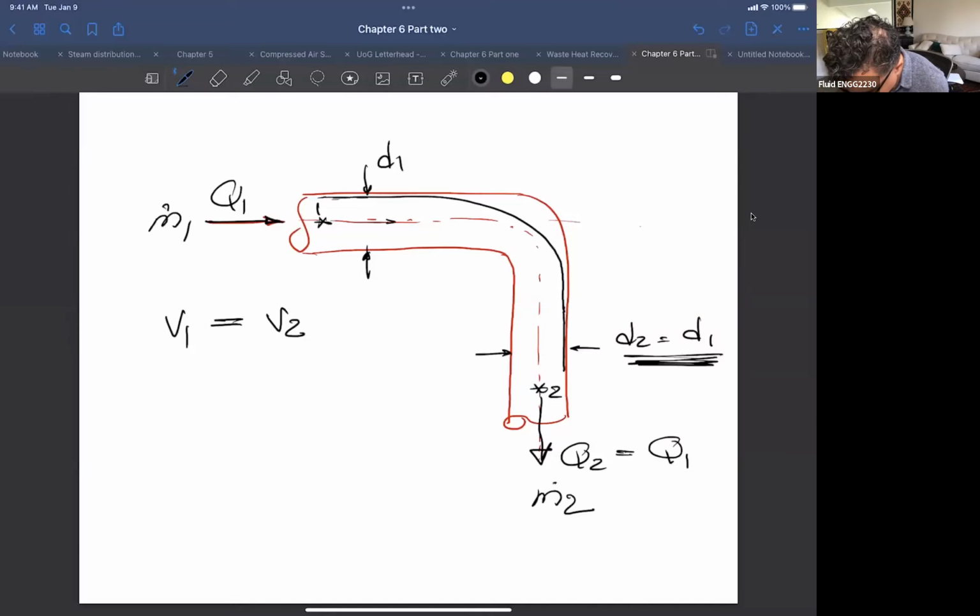Sorry, it's not the best. Okay, so these are the streamlines. Of course, there are more streamlines like that.